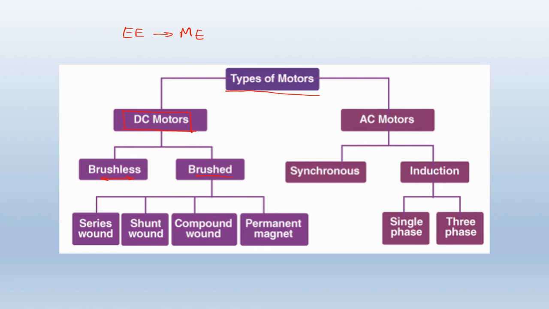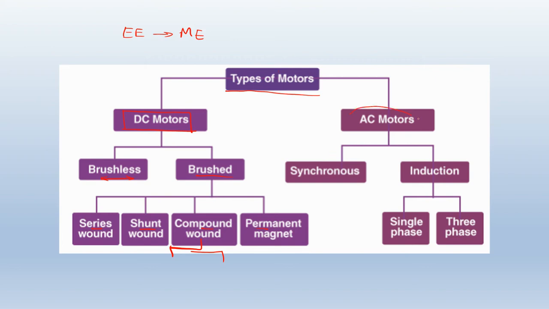Again, brushed DC motors are classified into four types. The first is series wound, second is shunt wound, after that compound wound and permanent magnet. Again, compound wound are classified into two types, that is long shunt, short shunt.